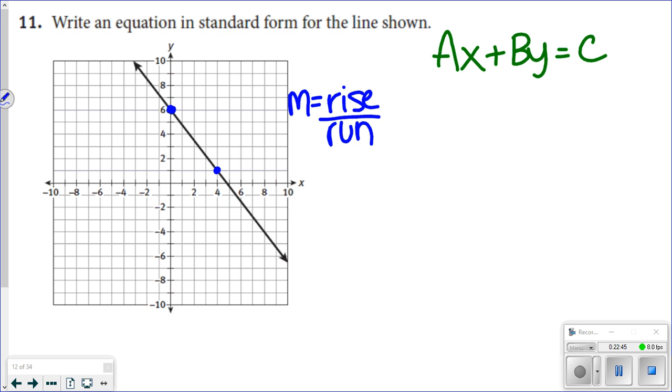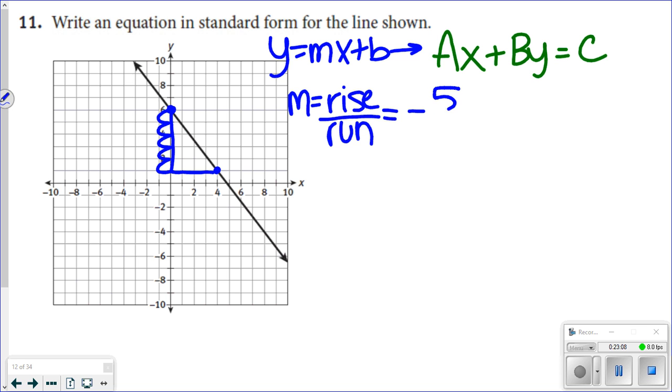So let's do slope-intercept form, y equals mx plus b, and then let's convert it. I know my slope here is negative, and I'm going down how many? Down 5, over 4.